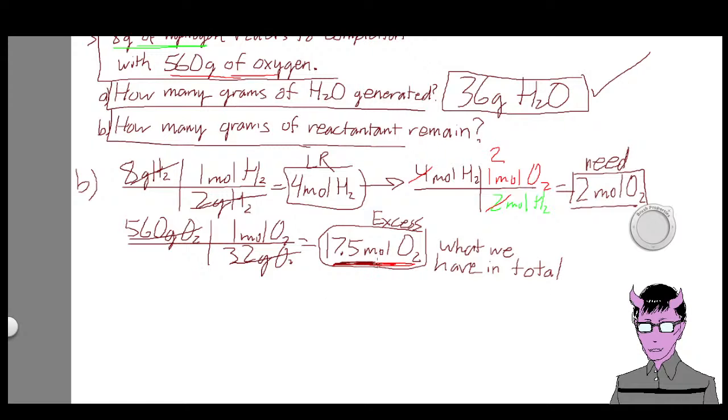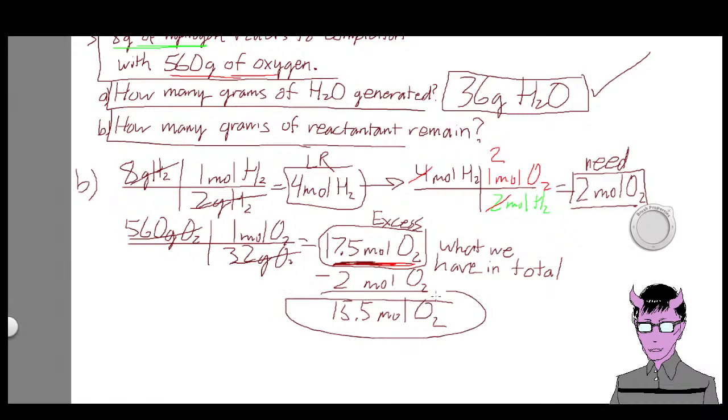So all you need to do is subtract what you need from what you have in total. If we subtract the 2 moles that we need to use up all the limiting reactant, then we have the leftover moles of oxygen. So 17 minus 2 is 15. 15.5 moles of oxygen left over.